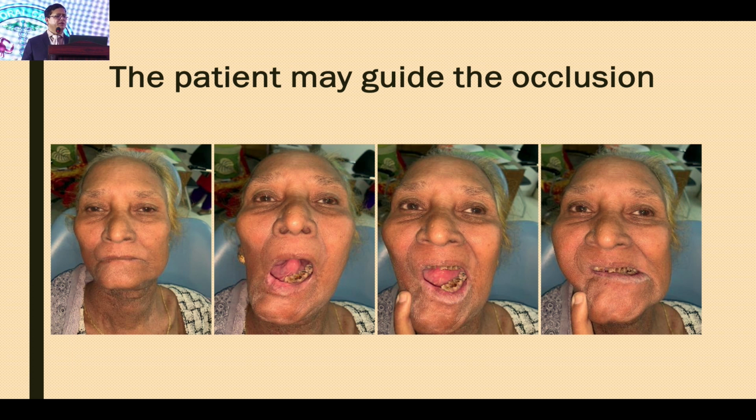We can give instruction to the patient for doing physiotherapy like this. With only one finger, the patient can push the mandible from the resected side to the normal side, and they will bite.